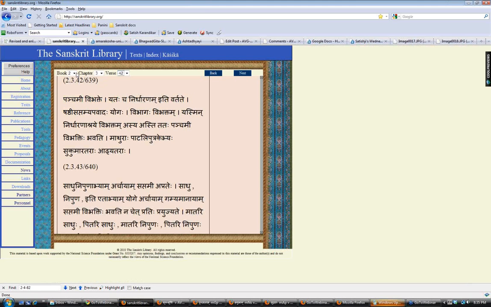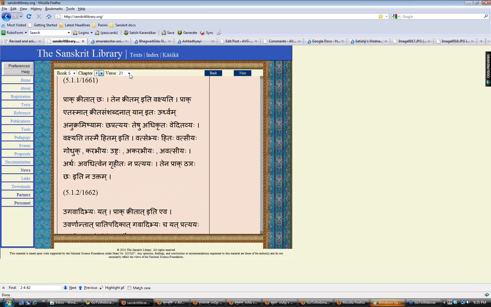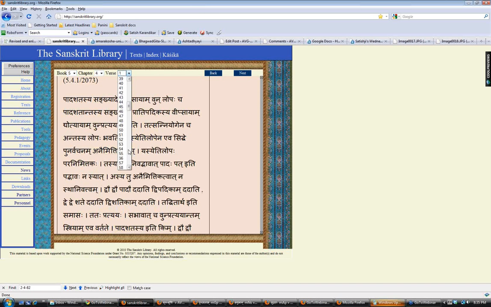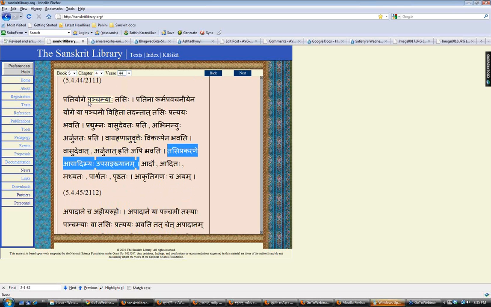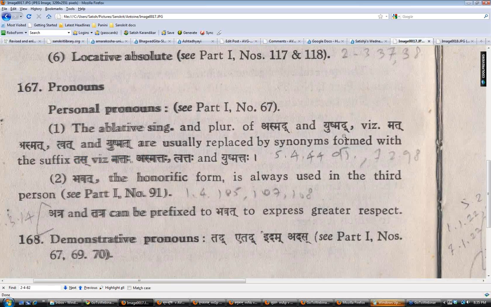Sorry, no. 5-4-44. Also Panchami is there, but in the wrong place. So 5-4-44, we can use the Panchamyastati Vartikam. So that's what we did. Then we got Asmattaha, Yushmattaha.